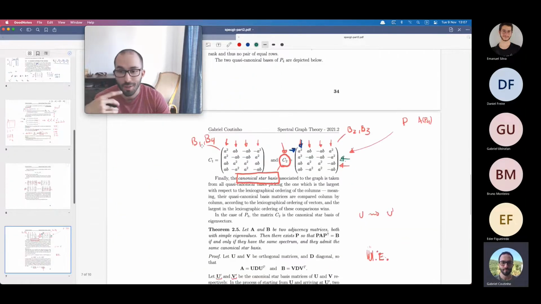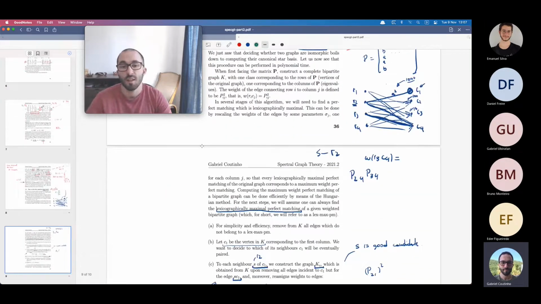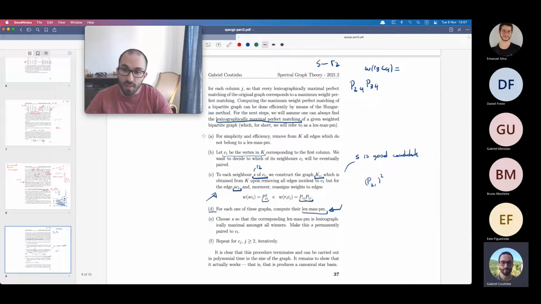So we learned how to actually, on demand, find this permutation that will eventually already correspond to the canonical star basis. Right, so this was the second half of class, and this is, in a sense, the graph isomorphism algorithm that allows one to decide whether or not your graphs with simple eigenvalues are isomorphic.